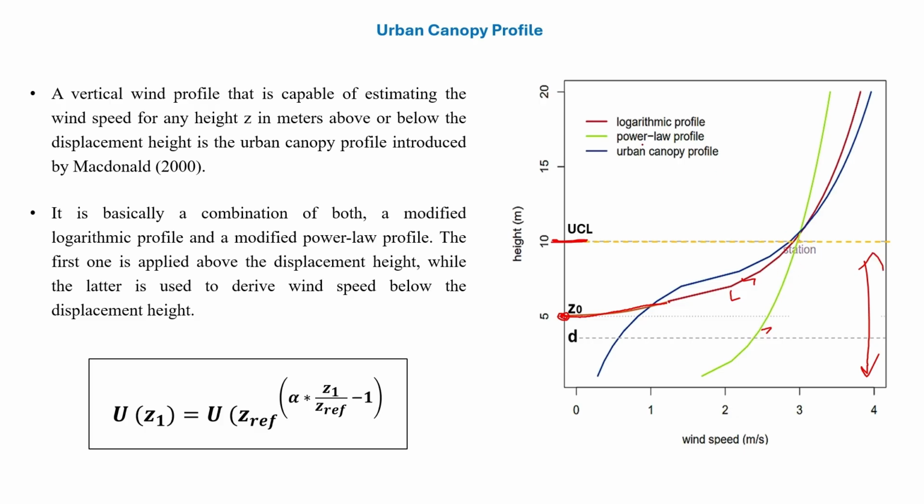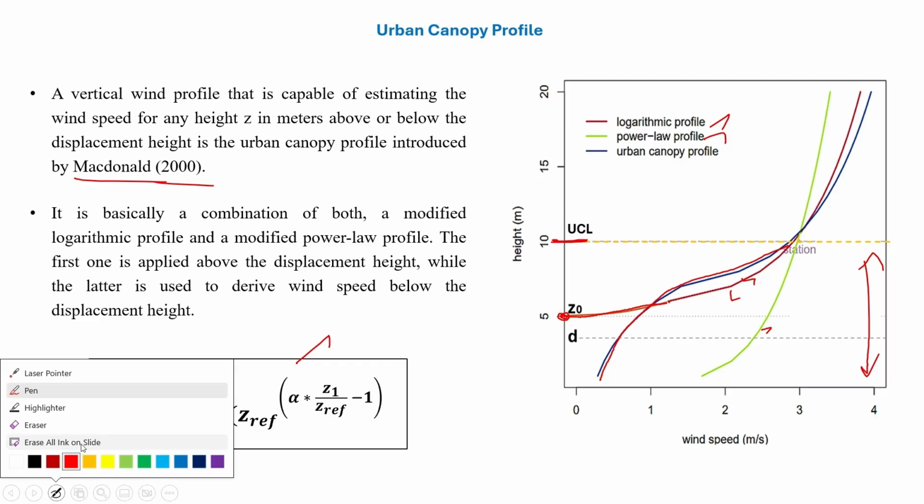So both fail. So in 2000, McDonald introduced this method, that is, he combined both the modified logarithmic profile and the power law profile, and he arrived at this empirical relation. With that, he could find the velocity profile which is somewhat closer to the experimental data. So that is the urban canopy profile.